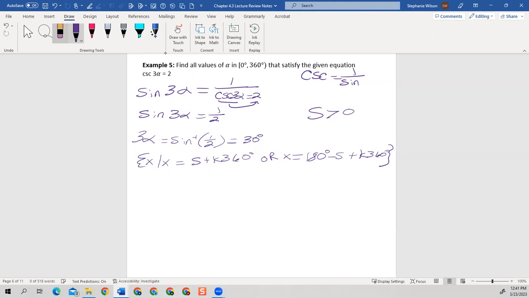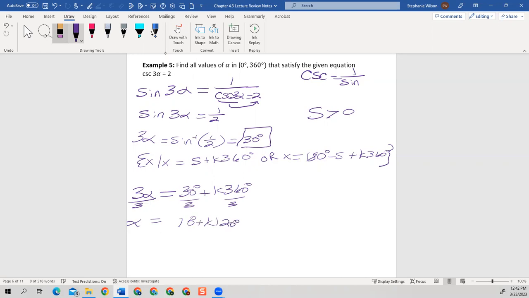We're going to take that 3 alpha and set it equal to, and let's plug in, S is 30, so 30 degrees plus that k of 360 degrees. I have to divide by 3 because I need alpha by itself. So when I do that, now I get 10 degrees plus k of 120 degrees.